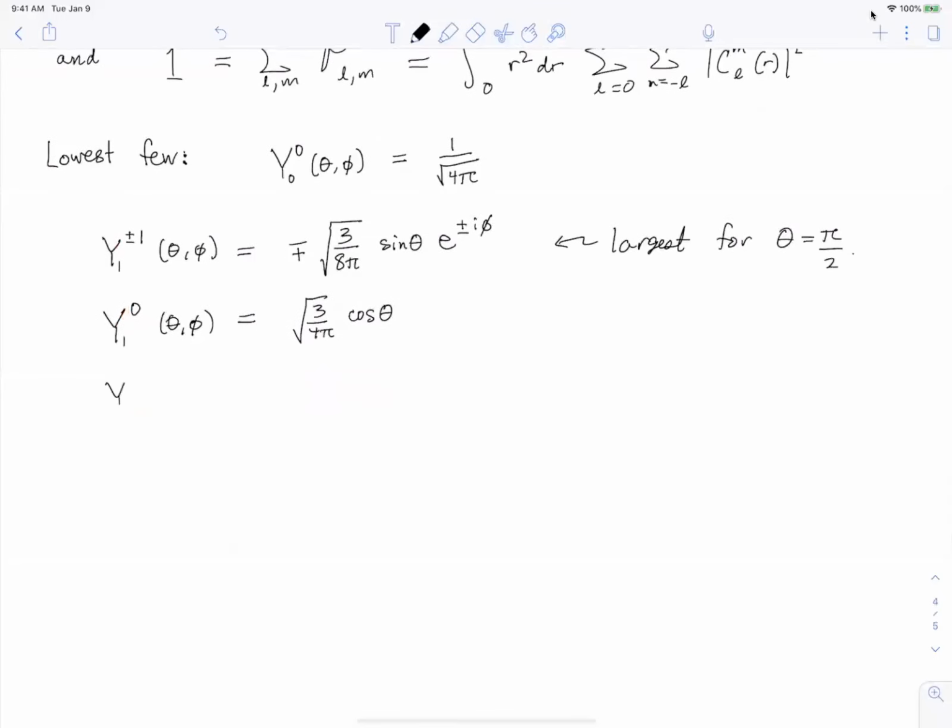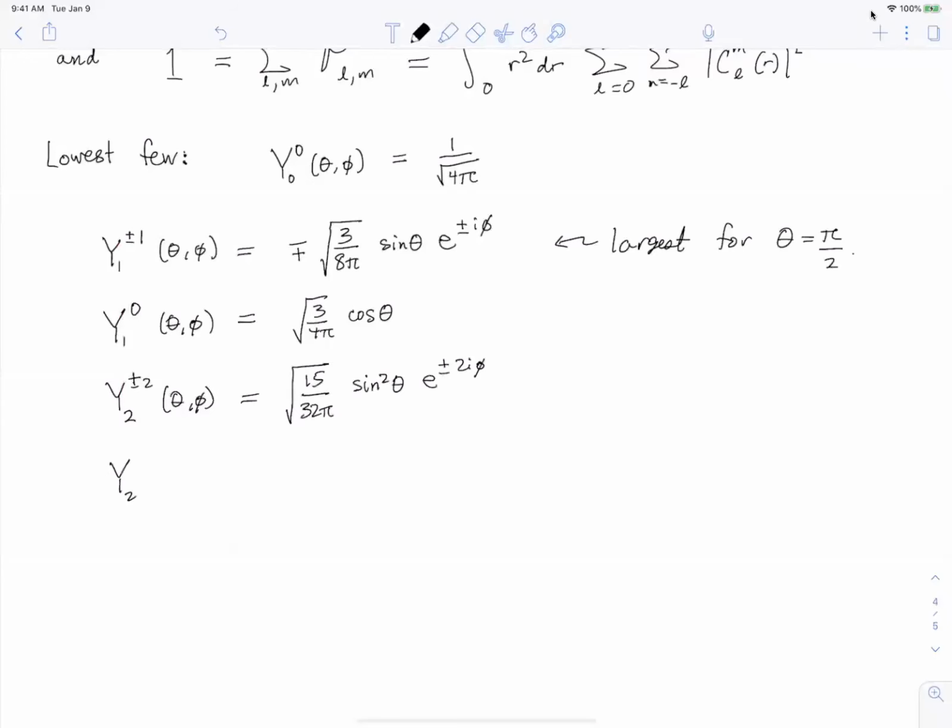for Y_2, when L equals 2, the possible values of M are plus or minus 2, first of all. This turns out to be the unlikely looking number square root of 15 over 32 pi, sine squared theta. And then again from the M, we read off immediately what the phi dependence is.